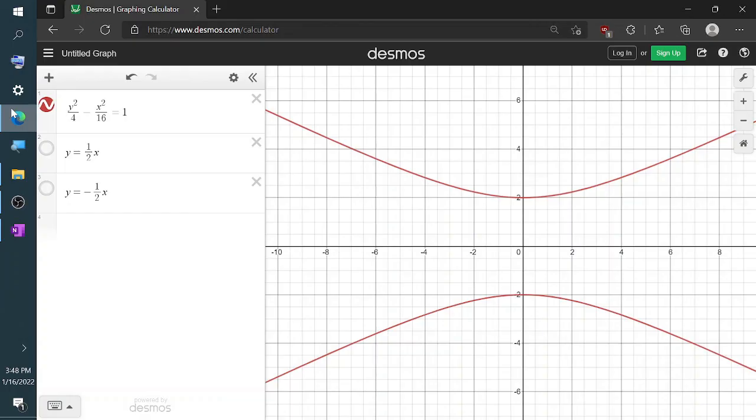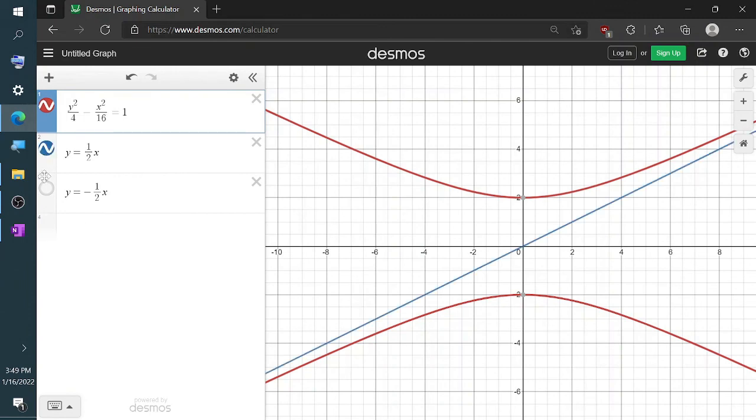So here we are on Desmos, and we can see the graph of the hyperbola that has y squared over 4 minus x squared over 16. Because the values of b and a have not changed, b is still equal to 2 and a is still equal to 4, we still get exactly the same equations for the two crisscross lines: y equals positive 1/2 x and y equals negative 1/2 x.